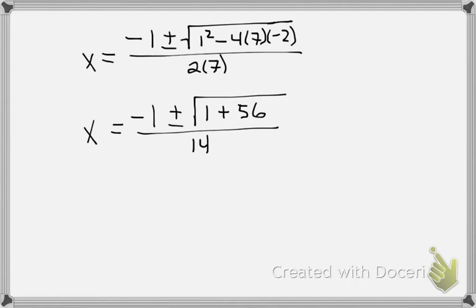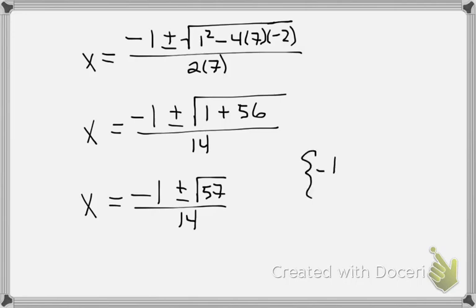Add, right? So x equals negative 1 plus or minus square root of 57 over 14. Does the square root of 57 break down? Not in this case. So I have my two answers: negative 1 minus square root of 57 over 14, and negative 1 plus square root of 57 all over 14.